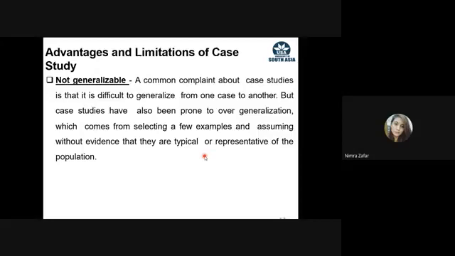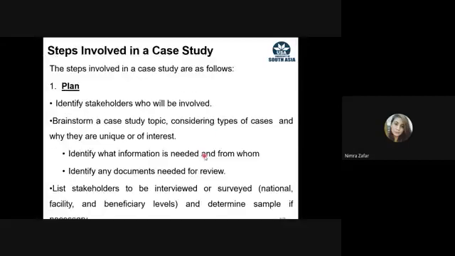This is not a very good conclusion, so you might have to do other research or experimental work along with that case study to give a generalized conclusion. Sometimes it is possible that you give an overgeneralized conclusion from that case study.